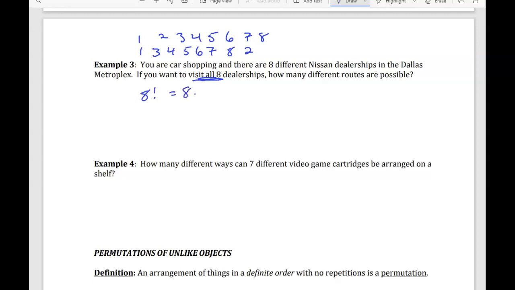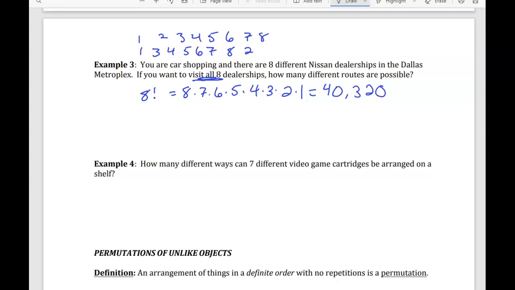And so we would go 8, 7, 6, 5, 4, 3, 2, and 1. We would multiply this out. And you wouldn't think that there would be this many different routes, but there are. There are 40,320 different routes.